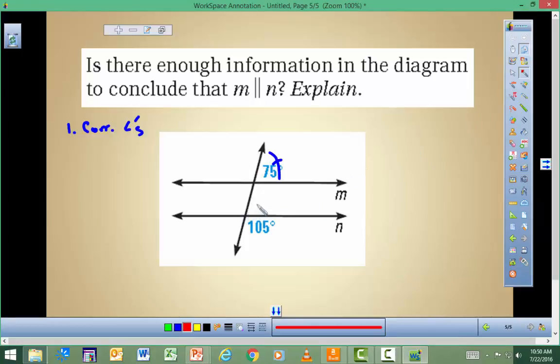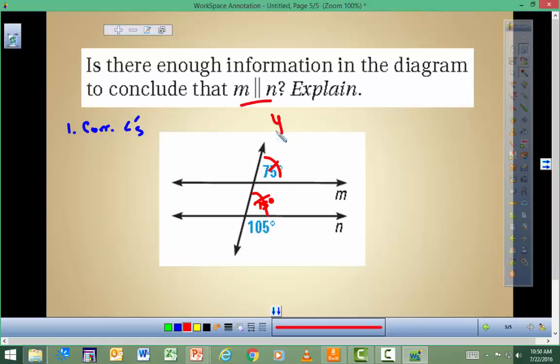And I think I could do this in my head. That's 105. So that means that this would be 75 degrees. Okay? And now that I have that that's 75 degrees, I now know then that this angle is indeed congruent to this angle here, because we have the linear pair to determine that that was 75 degrees.